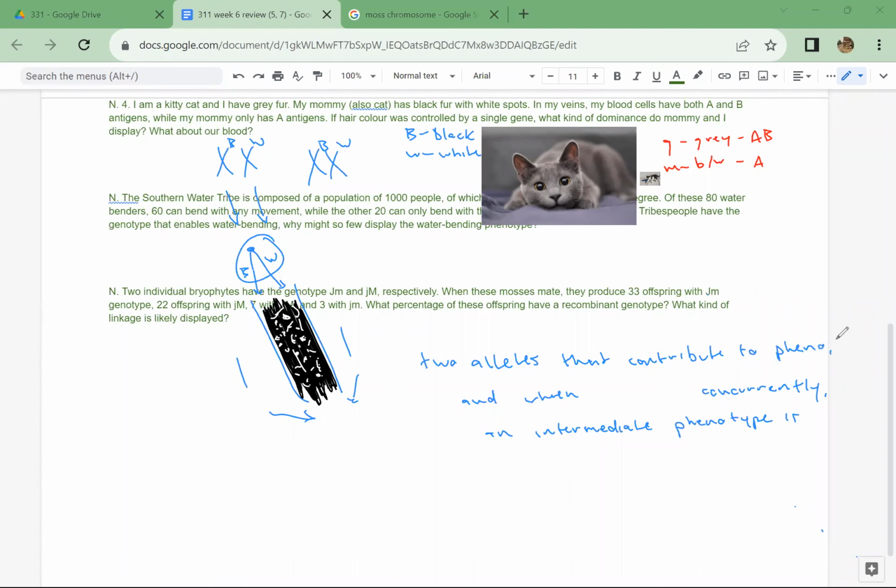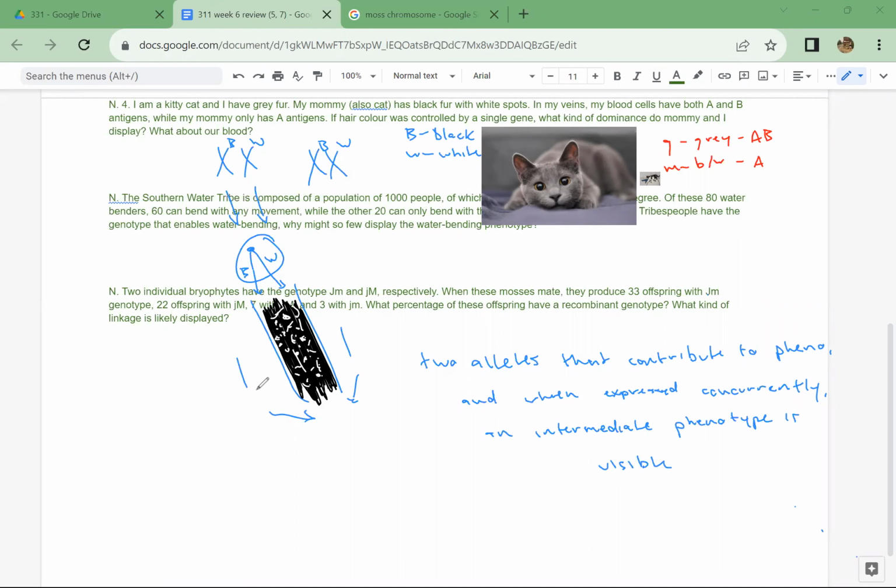So two alleles that contribute to the phenotype, and when, I guess, expressed concurrently, an intermediate phenotype is visible, is expressed.